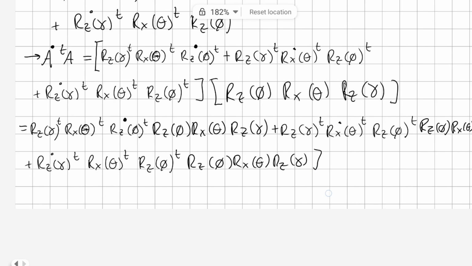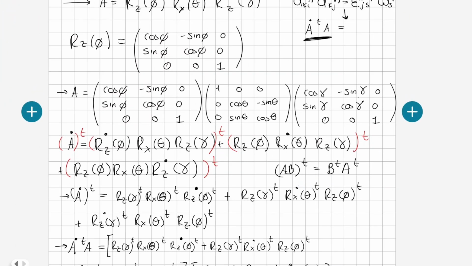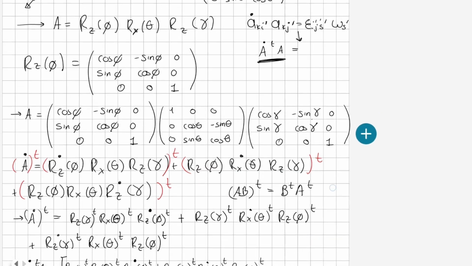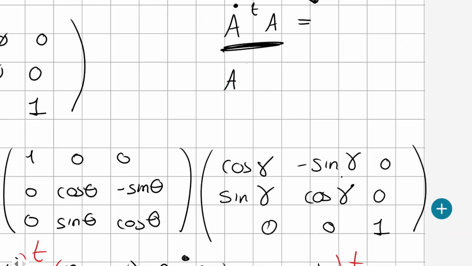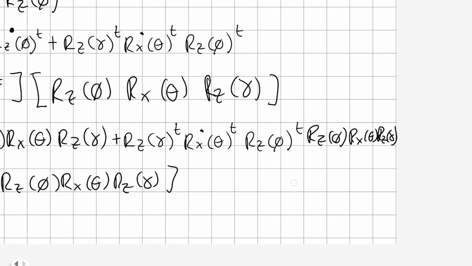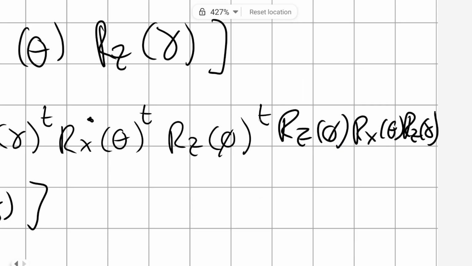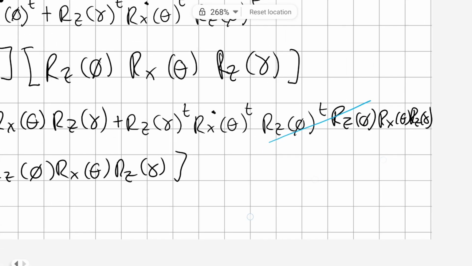Okay, and here something interesting is going to happen. Remember that the transformation matrices are orthogonal matrices. So that means that R inverse is equal to R transpose. Looking at the transpose as the inverse, this product, the transpose times the regular matrix, is going to be equal to the identity matrix. So this is going to cancel this product.